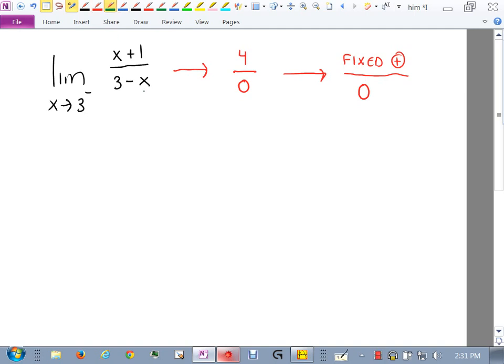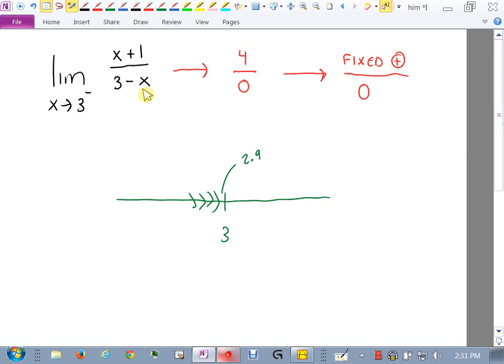Coming from the left, I suggest you draw a number line. Here's 3, right? I'm coming in from the left. Somebody give me an example of a number that is to the left of 3. 2.9. How about that? That's close to 3, kind of. If I were to take 2.9 and plug it in right here, what's 3 minus 2.9?